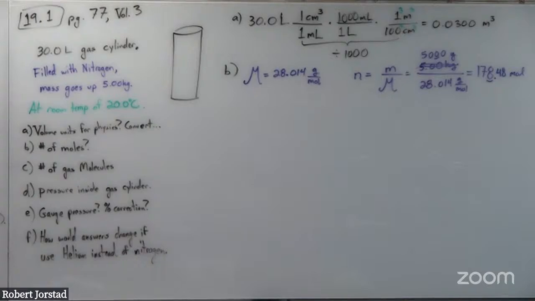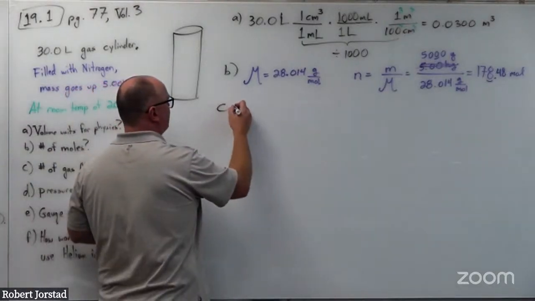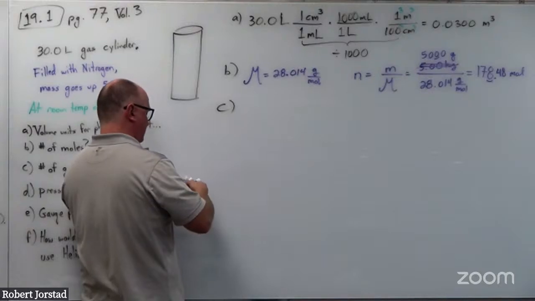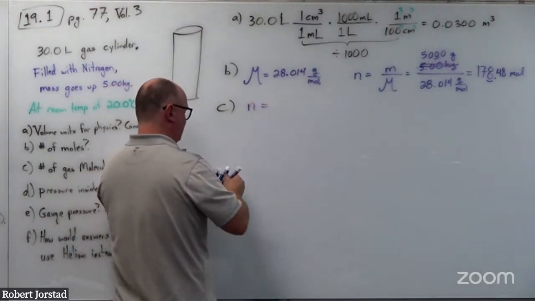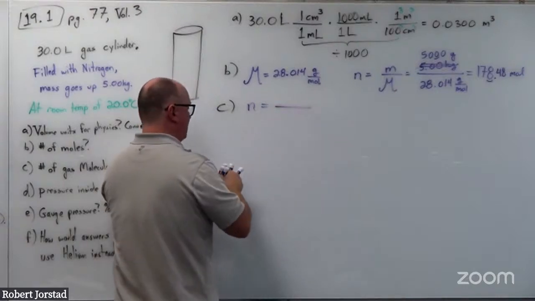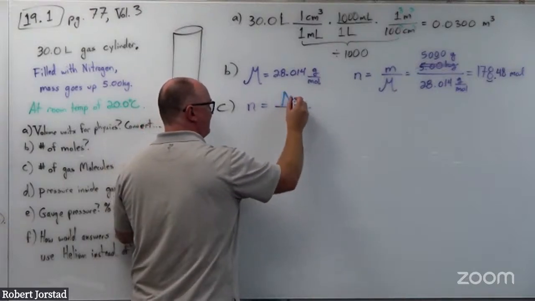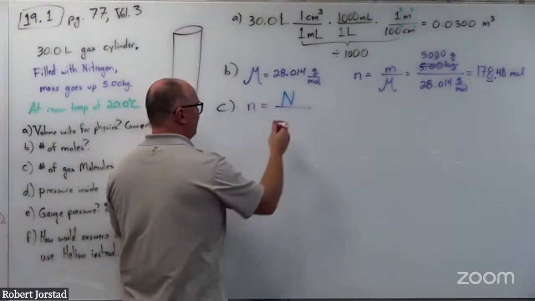All right, in this case, what's part C? Number of gas molecules. Recall, the number of moles is equal to the number of molecules, capital N, divided by Avogadro's number.